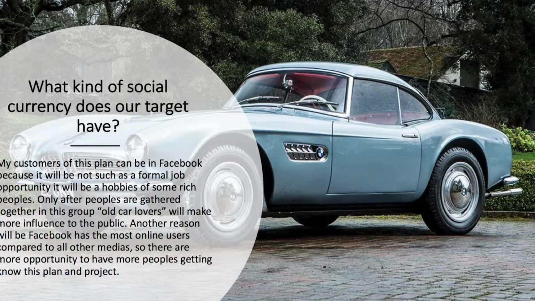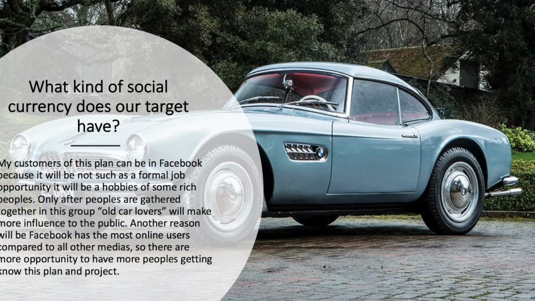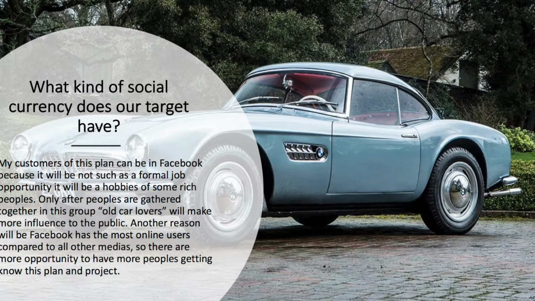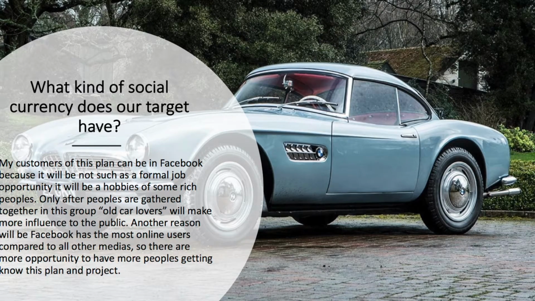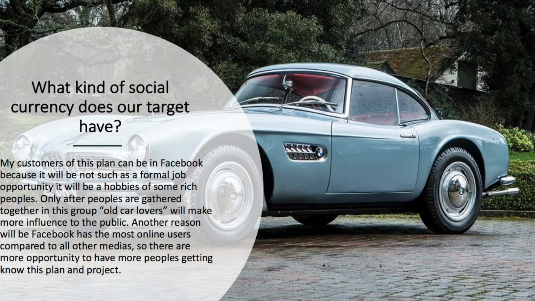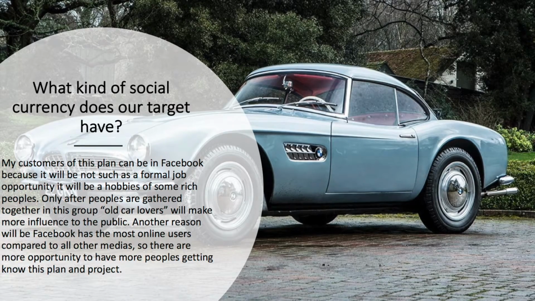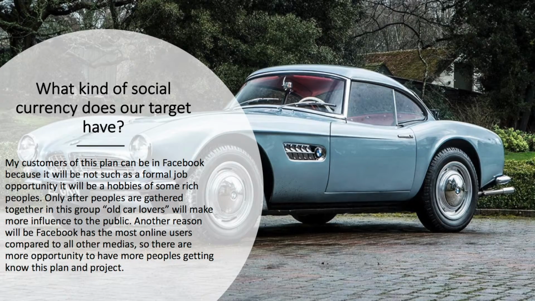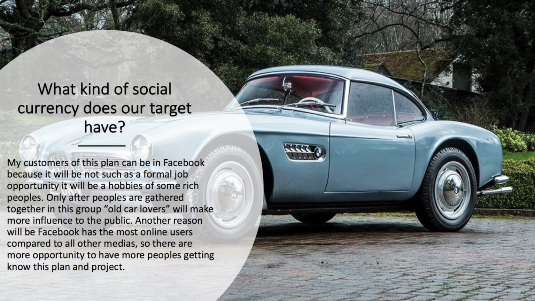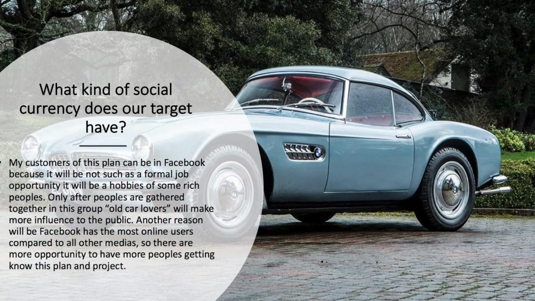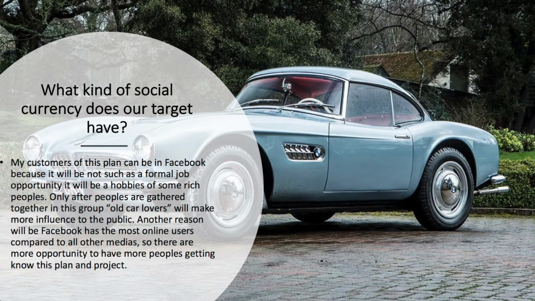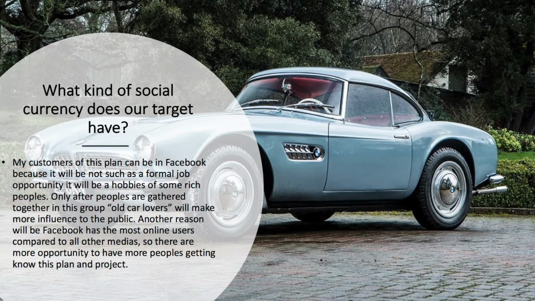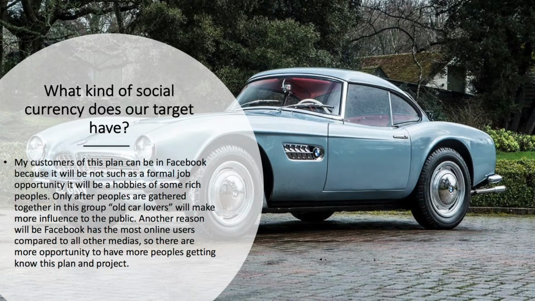My next point in the presentation will be what kind of social currency our target has. My customers for this plan can be found on Facebook because it will not be such a formal job opportunity. It will be a hobby of some rich people. Only after people are gathered together in this group will old car lovers have more influence on the public.